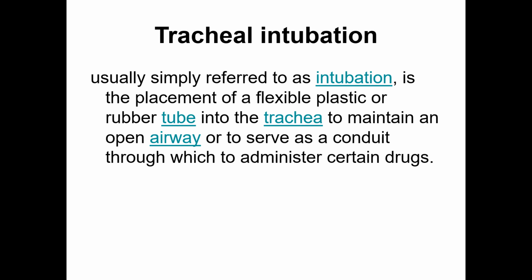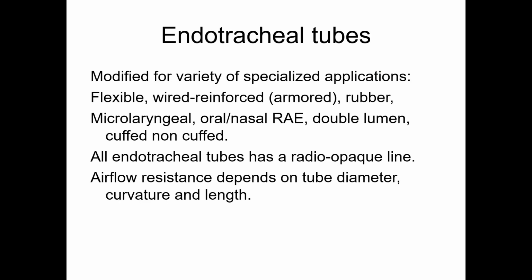Endotracheal intubation is a task for every ER staff. Every ER staff should know how to do proper endotracheal intubation. Endotracheal tubes are modified for a variety of specialized applications. Of course, it's flexible, sometimes reinforced, we call it armored.